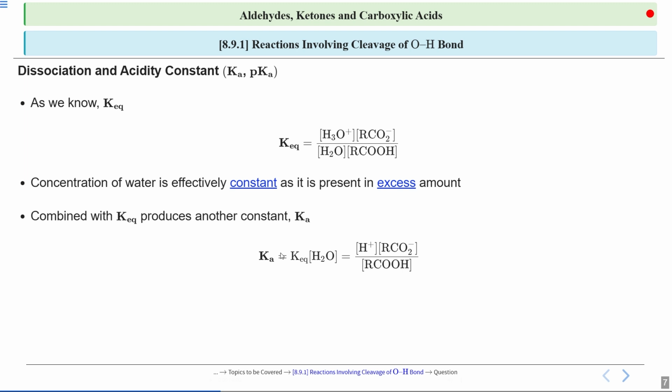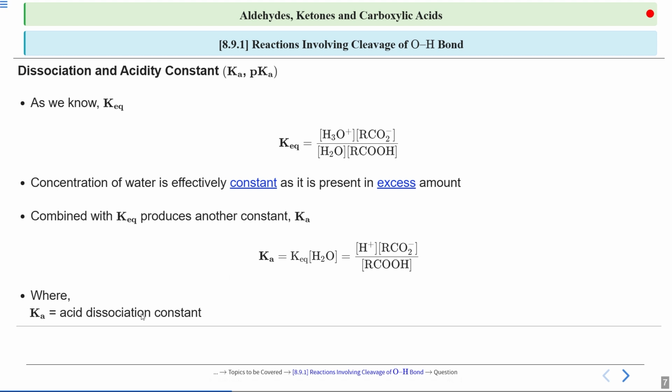So this KEQ times H2O gives another constant which is Ka, and Ka is the acid dissociation constant. So this is crucial for determining how easily an acid donates its protons in a solution.